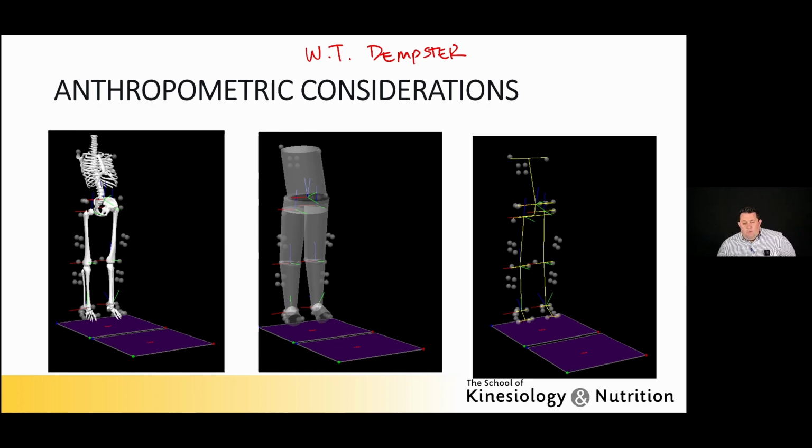What they have done since then is taken a number of different cadaver studies. They take cadavers and cut them up. They segment out the shank, the thigh, the arm, the wrist, the hand, all the different body parts, and then study them individually as individual body parts and not as a connected body.